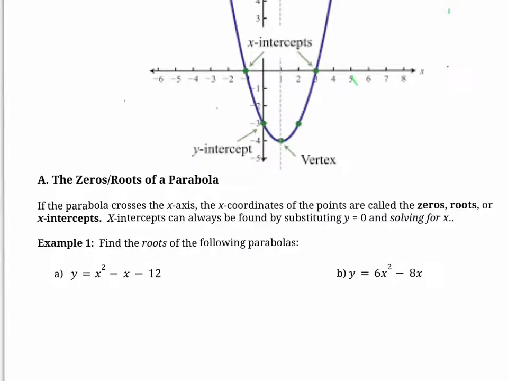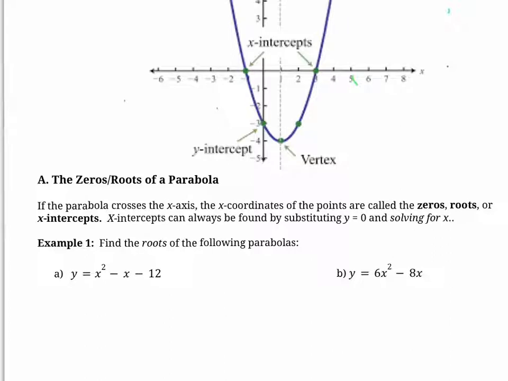So let's talk about the characteristic we're probably most familiar with, which is x-intercepts. There are different words to say x-intercept. Most commonly, we use the word zeros or roots. Zeros and roots mean x-intercepts.